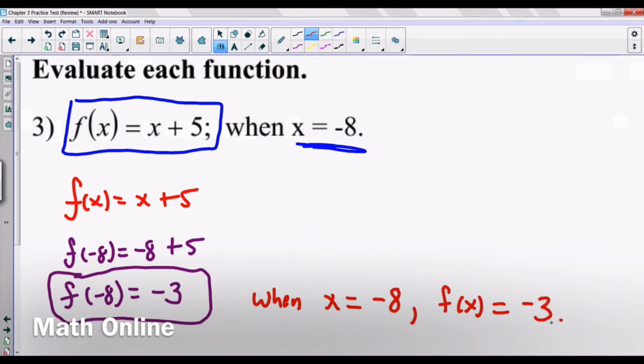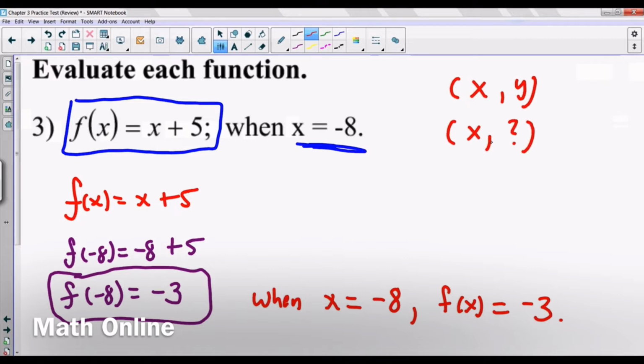Okay. So to put it in another perspective so that you guys have a better idea, it's kind of like an ordered pair. Remember, an ordered pair has an x and a y value. In this case, they gave you the x value and they're asking you to find the y value, in other words.